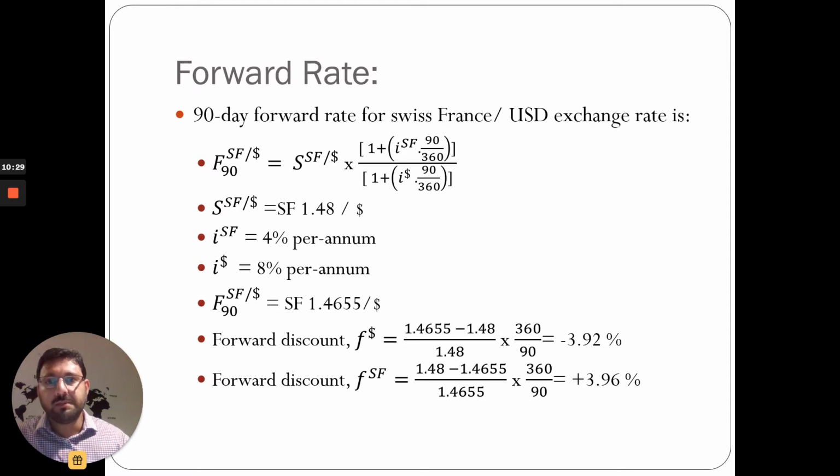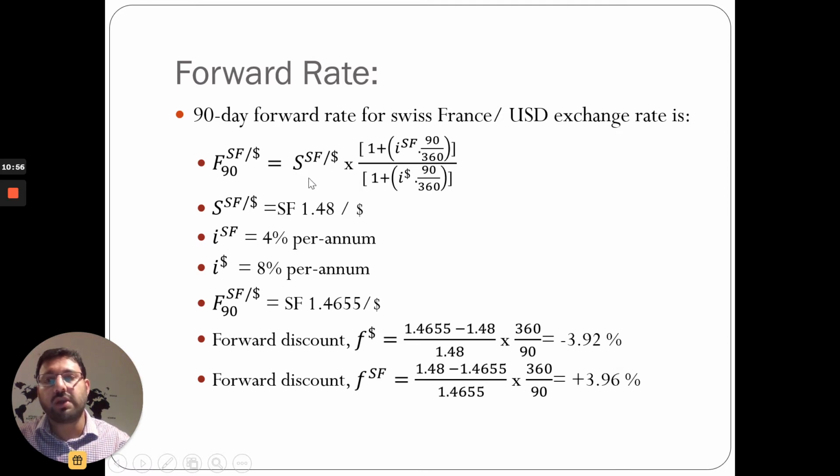So let's suppose this is the formula of the forward rate. I am taking here the 90-day forward rate, where the exchange rate is written mathematically, and this one is the spot rate.